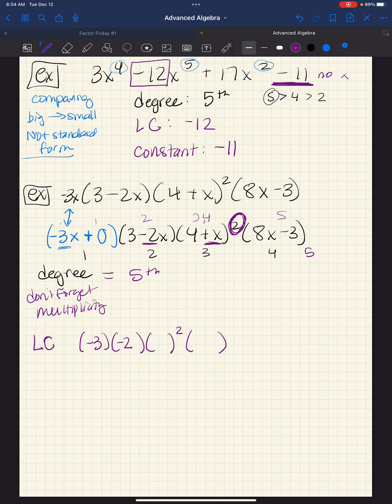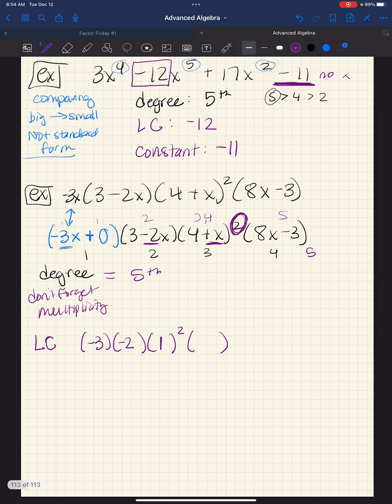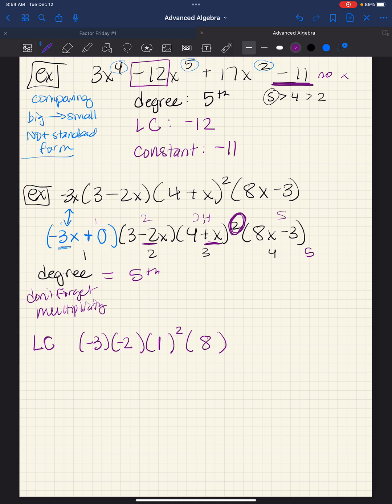Anytime I just have x, the number in front is either 1 or -1, dependent on the sign. And then my last one is 8. And so now I can put that straight in the calculator. Of course, I could just show my work real quick. I get -3 times -2, that's 6, times 1, and times 8. So I have a leading coefficient of 48.